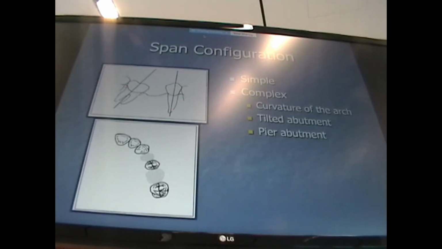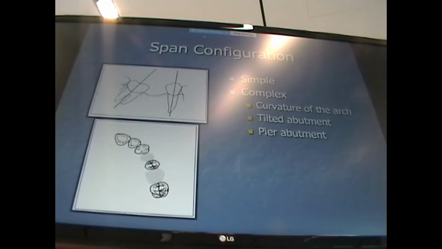Span configuration. In the top picture, you have the molar at a 45-degree angle, maybe a 30-degree angle. That is going to be very difficult to restore with a fixed bridge. Can it be done? Yes, absolutely. We used to do it a lot before we had implants. A tiered abutment is the bottom one.